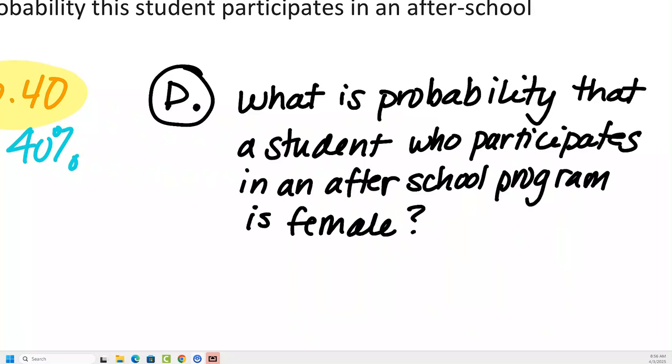Okay, is there a given on this one where we're going to focus on not the whole chart, but on a specific row or column? Is there? Isn't it this right here? A student who participates in an after-school program? Isn't this the given? Do you agree based on the wording?